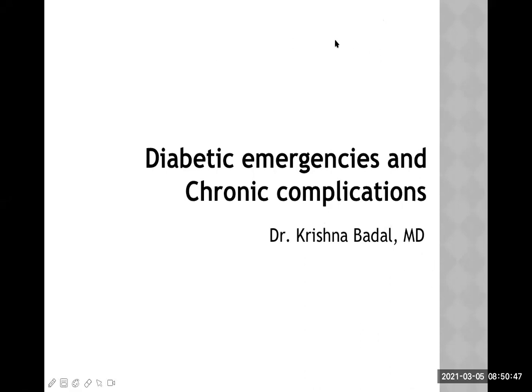These are the diabetic emergencies, also known as acute complications of diabetes mellitus. After that, I'll enter into the chronic complication. Now, chronic complication can be divided into two parts: macrovascular complication and microvascular complication.